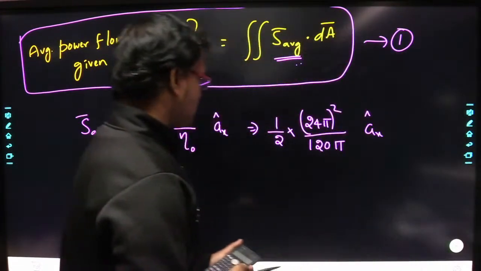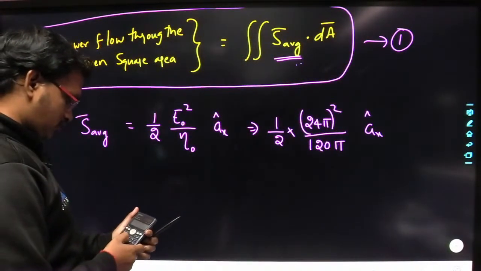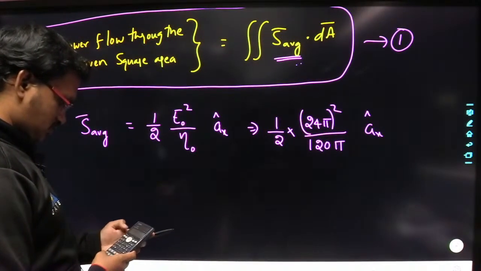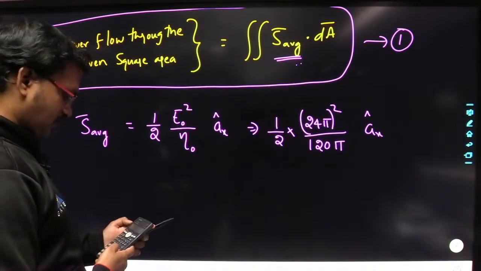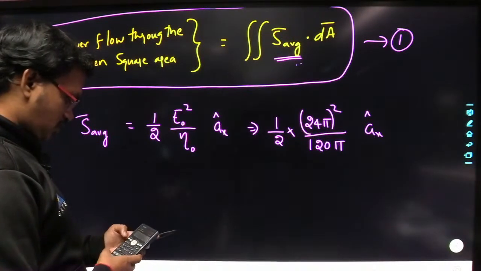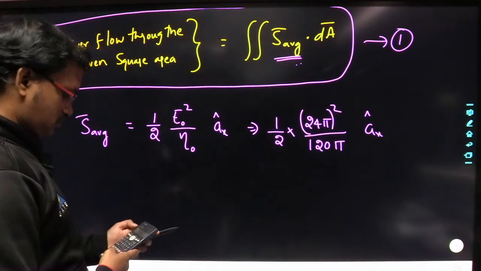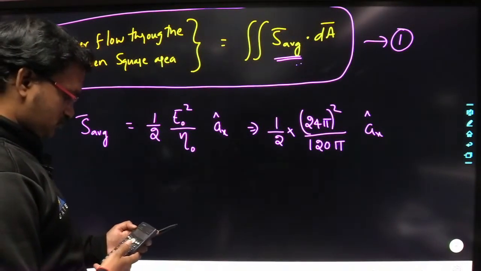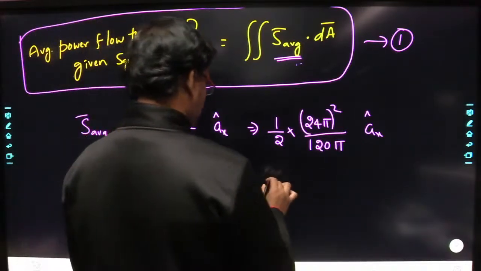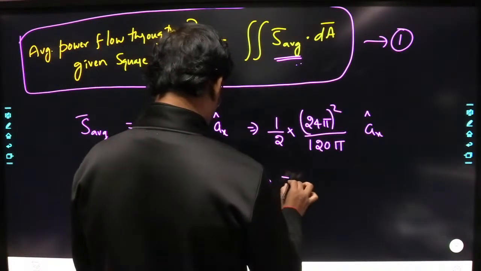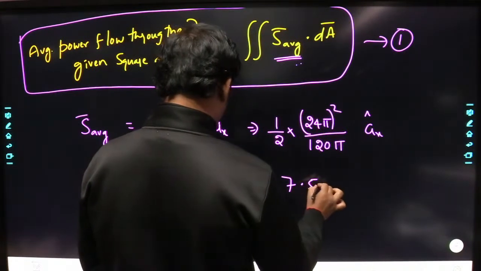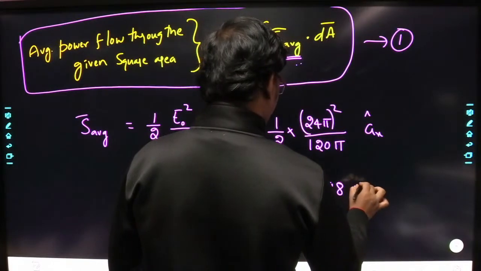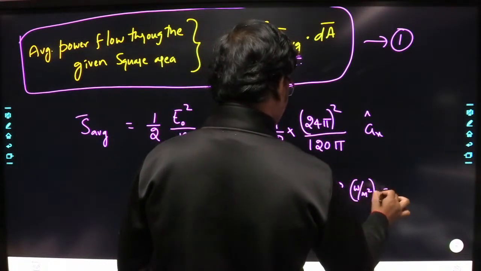So if you do this, what are you going to get? 24 pi divided by 120 pi, so divided by 2. So I think you will get here 7.5398 watt per meter square a x cap.